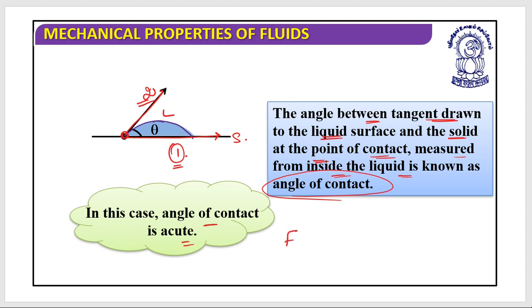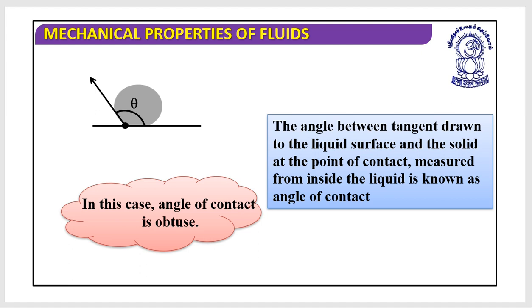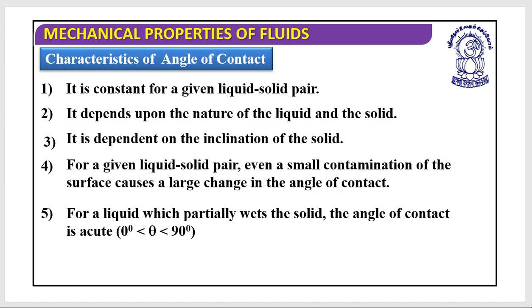In this case, the adhesive force is greater than the cohesive force, and theta, the angle of contact, will be acute. And it was the case when cohesive force is greater than adhesive force, and your theta, the angle of contact, will be obtuse. I hope this is clear. Is this clear? So in this case, the angle of contact is obtuse.